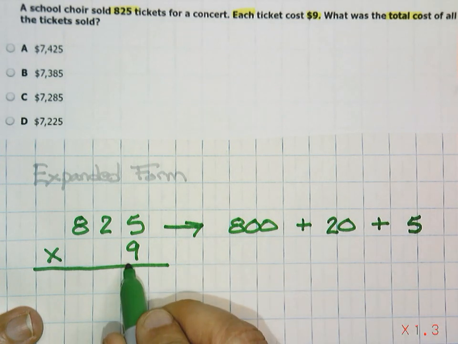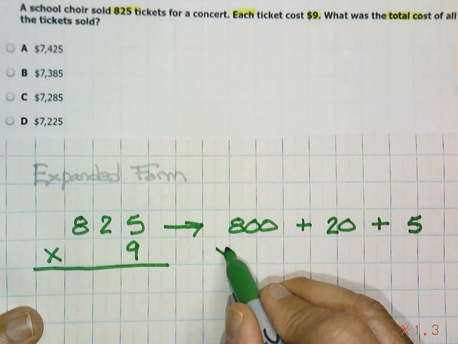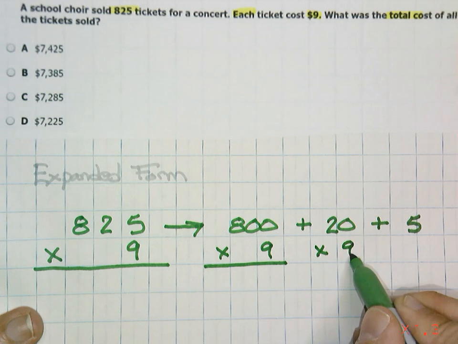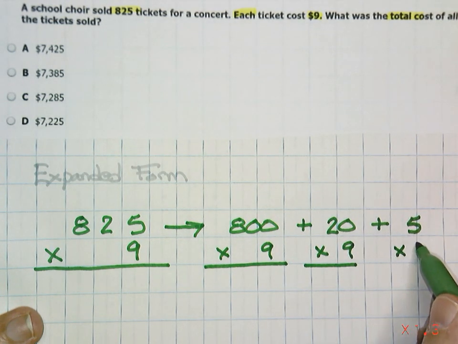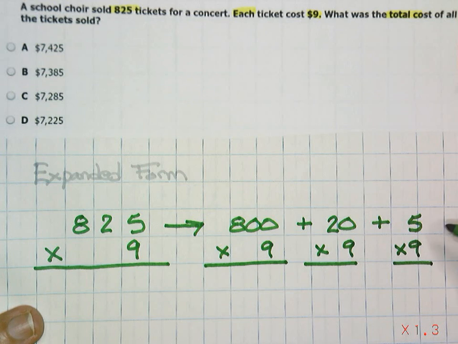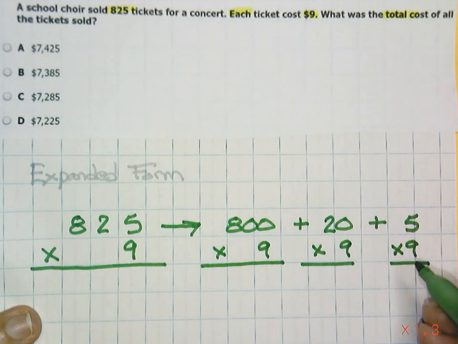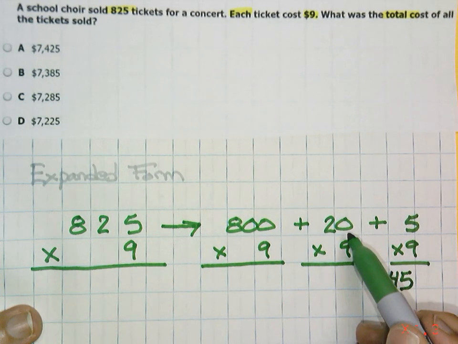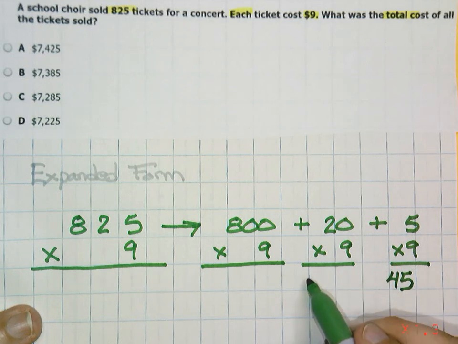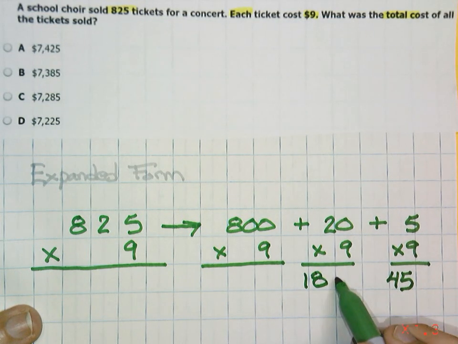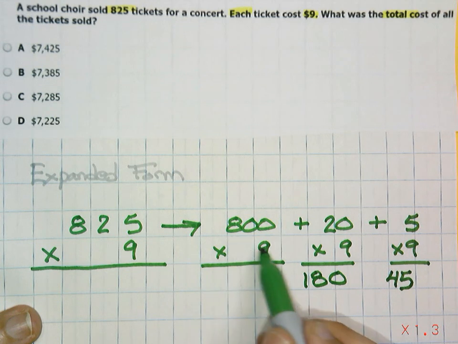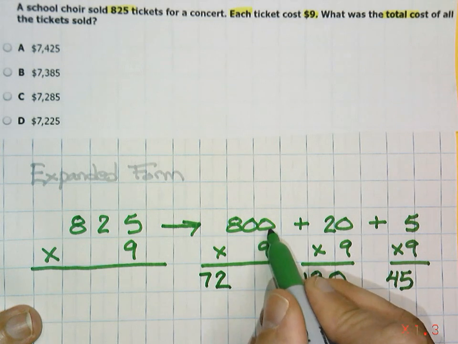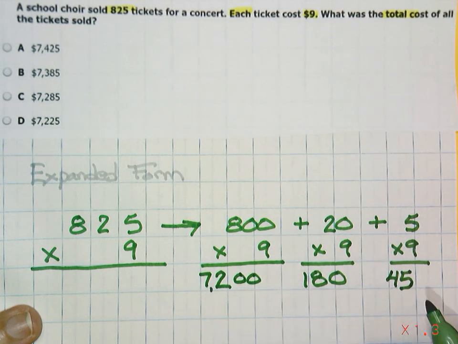Then each of these we have to multiply by the 9, and we can multiply these in any order. I'll start with our 5 times 9. That is 45. 20 times 9: 2 times 9 is 18, and we count the 1 zero and write that. And then 8 times 9 is 72, and then we count our 2 zeros and put those in.